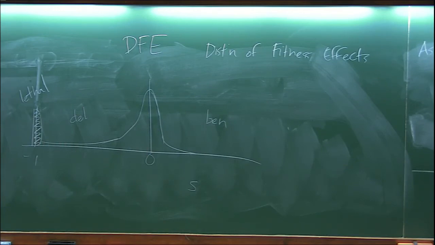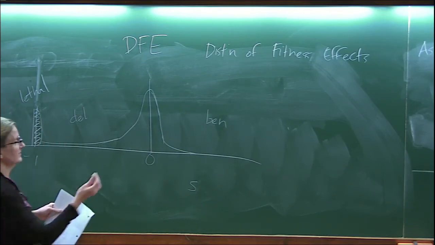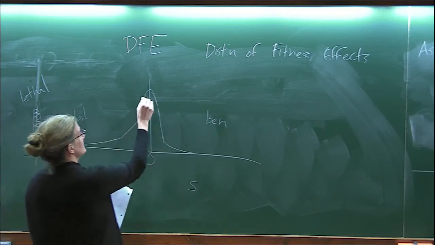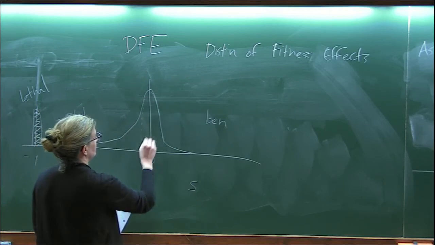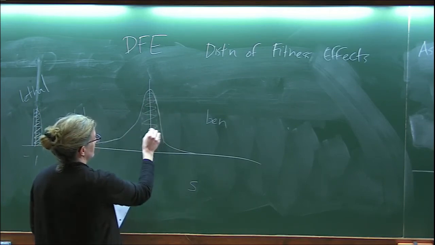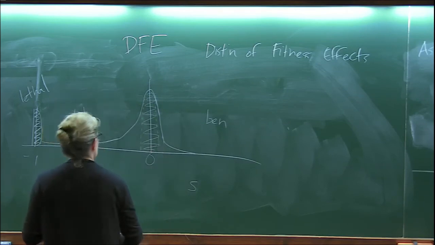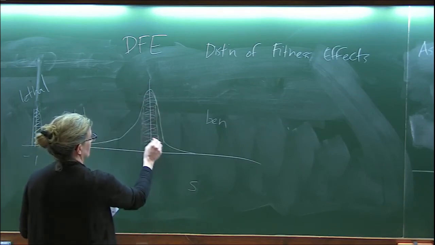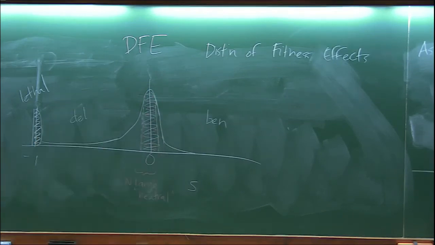What did I want to say? And what we consider neutral, right? If n is very large, selection is strong. And here, I should have used a different color, pink. Those guys are sort of effectively neutral.